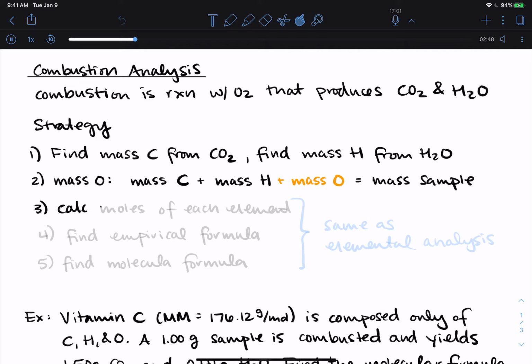So then we can calculate moles of each element. Step 4, we can find the empirical formula. This is a combination of a couple of strategy steps from elemental analysis.